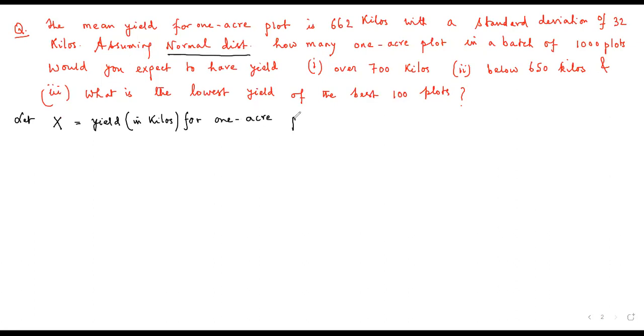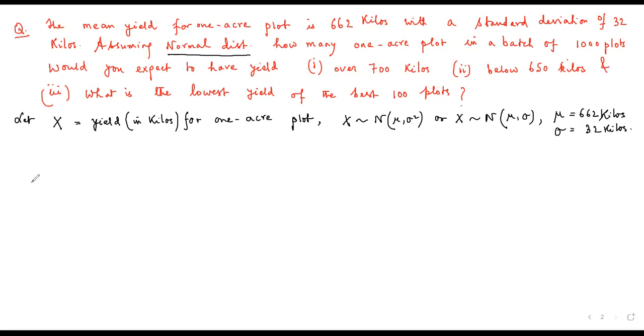I told you several times that whenever you are doing problems on probabilities, first of all, make sure what random variable you are playing with. It is also given that capital X follows a normal distribution with mean mu and standard deviation sigma, where mu is 662 kilos, and standard deviation sigma is 32 kilos.